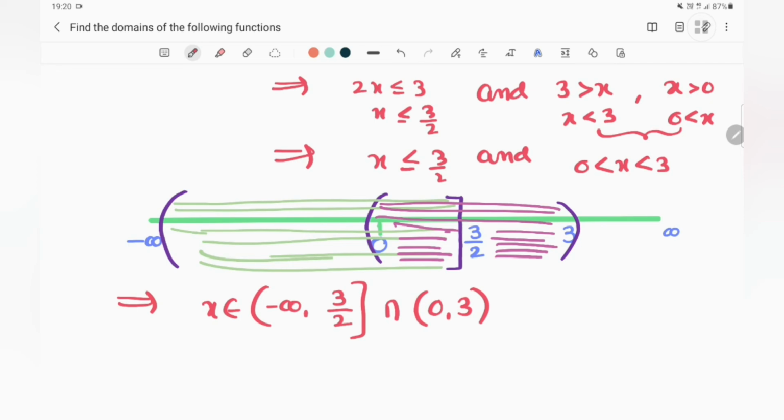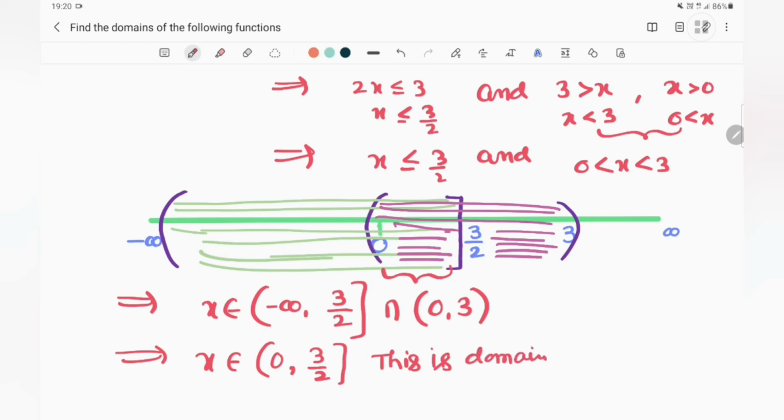So from here the common part in this shaded region, this is the common part now. So it represents x belongs to open 0, closed 3 by 2. This is the required domain. This is the domain of f of x. Yeah, I hope everyone understands.